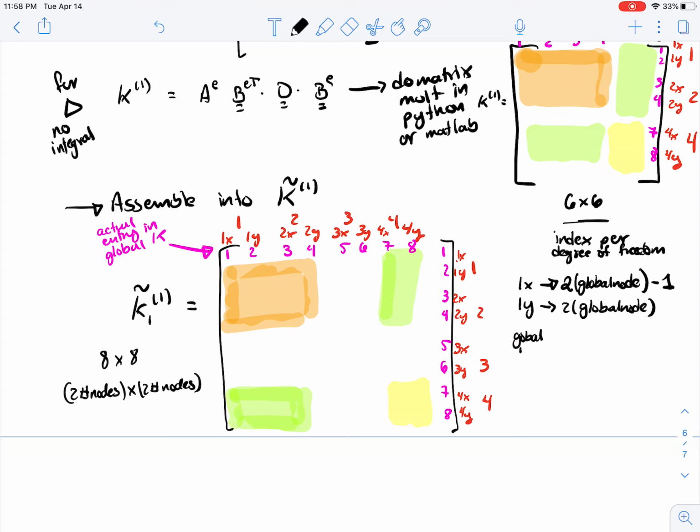So for any global node number, let's say global node ni, that one will go to 2 ni minus 1, that will be the x degree of freedom, and then 2 ni will be the y degree of freedom.